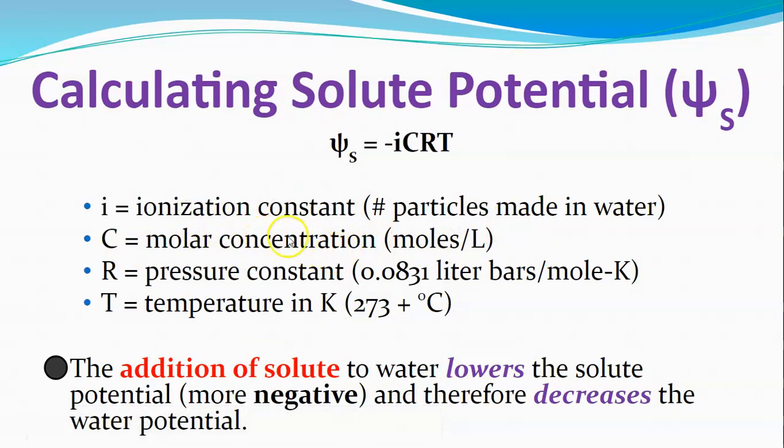More solute means you're trying to dissolve more in the same amount of water, so that would increase the molar concentration. And therefore, when you multiply, it would then be a negative. So by increasing any of these numbers, if you increase temperature, if you increase the amount of particles, if you increase concentration, it's all going to yield a higher negative. By doing that, you are lowering the water potential, lowering the potential for water to move away from that location.